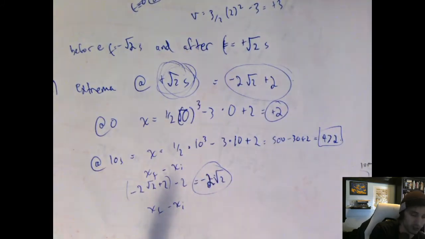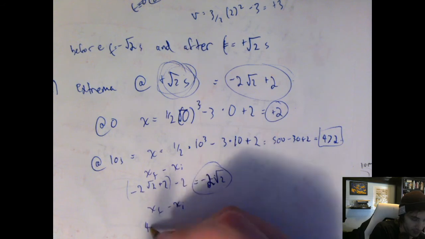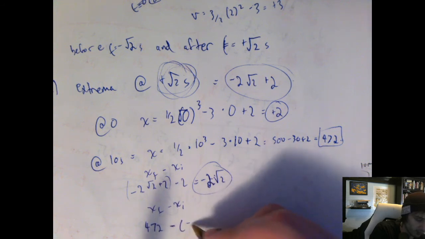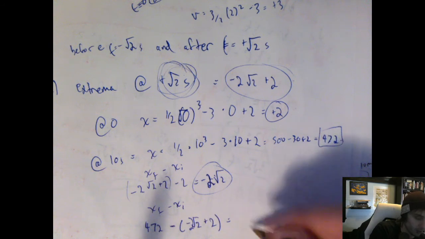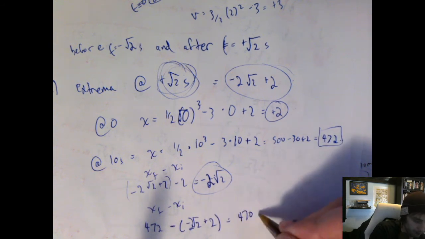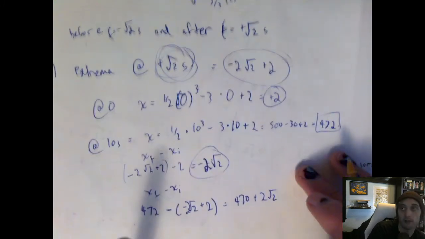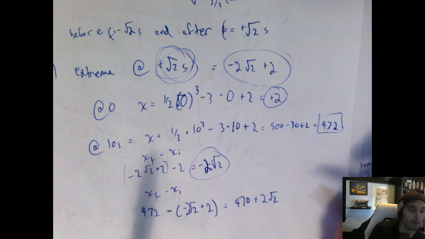Our final position for the second section is 472. From there, we can subtract our negative 2 root 2 plus 2, which will give us 470 plus 2 root 2. For our total distance traveled, we have to add these two magnitudes.